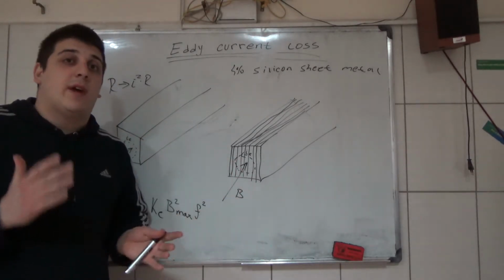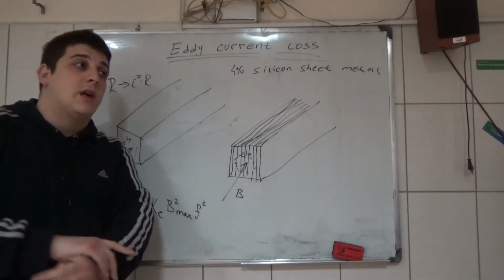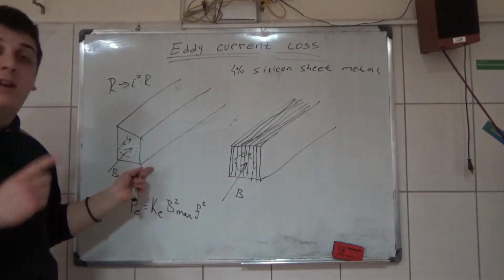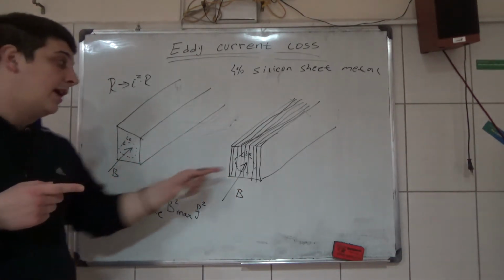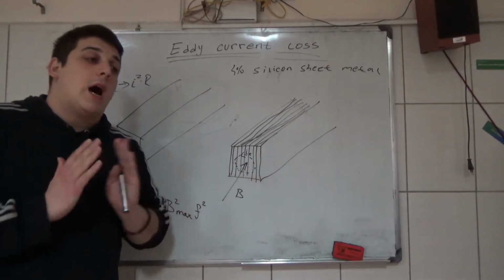Now, the second way is to make laminated magnetic materials. How do we do that? For example, here you have non-laminated magnetic material, and here you have laminated magnetic material. How do you do that?